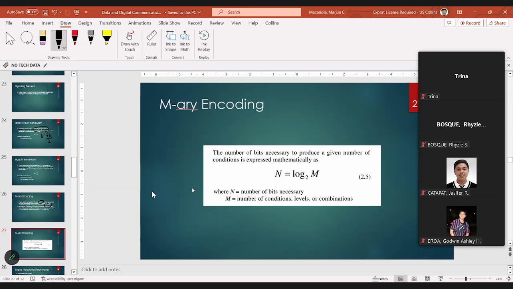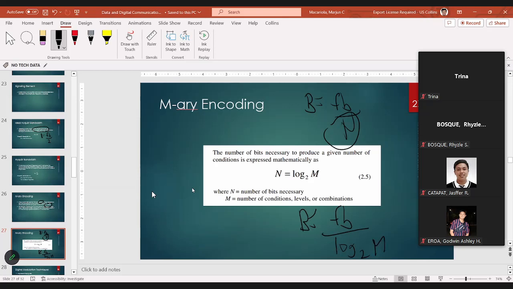So kanina, kapag you are asked to find the Nyquist bandwidth, that is fb over N. That N can be computed using the M-ary formula, which is N = log2 M. So pwede natin sabihin na bandwidth is equal to input bit rate over log2 M. M is the number of conditions necessary.